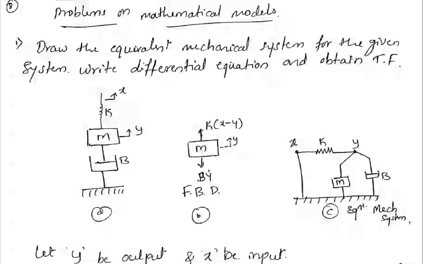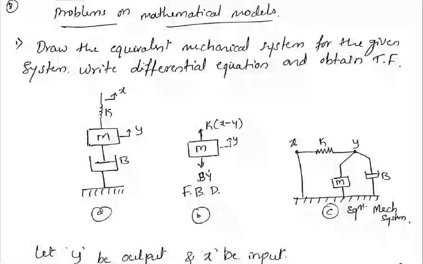We have gone through how to write the differential equation for the mass, spring and dashpot. That is, what forces are causing the displacement, velocity or acceleration for those elements.